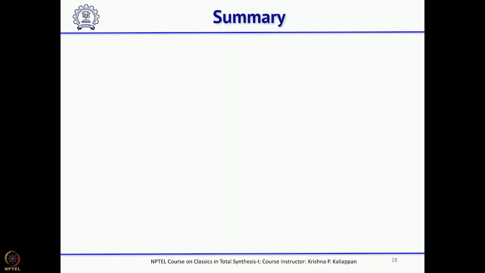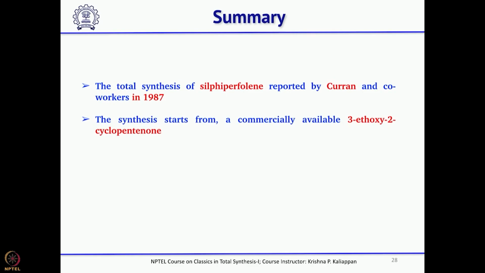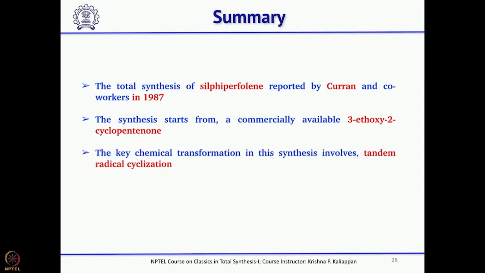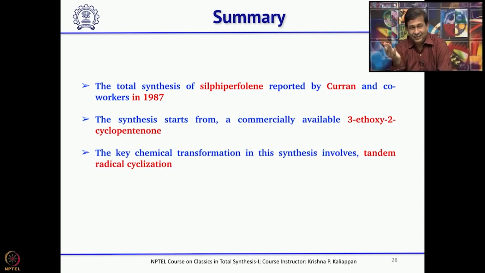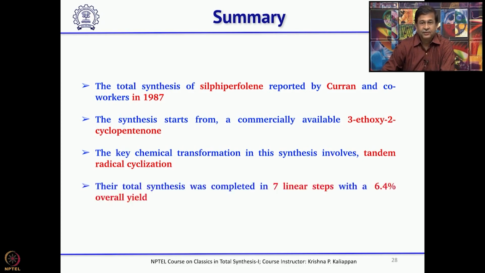So in summary, Dennis Curran, who reported this synthesis in 1987, started with cyclopentane 1,3-dione and, like in the case of hirsutene as well as capnellene, used the tandem 5-exo trig radical cyclization to accomplish the total synthesis of Silphiperfolene. Overall, it took about 7 linear steps with a yield of 6.4%.